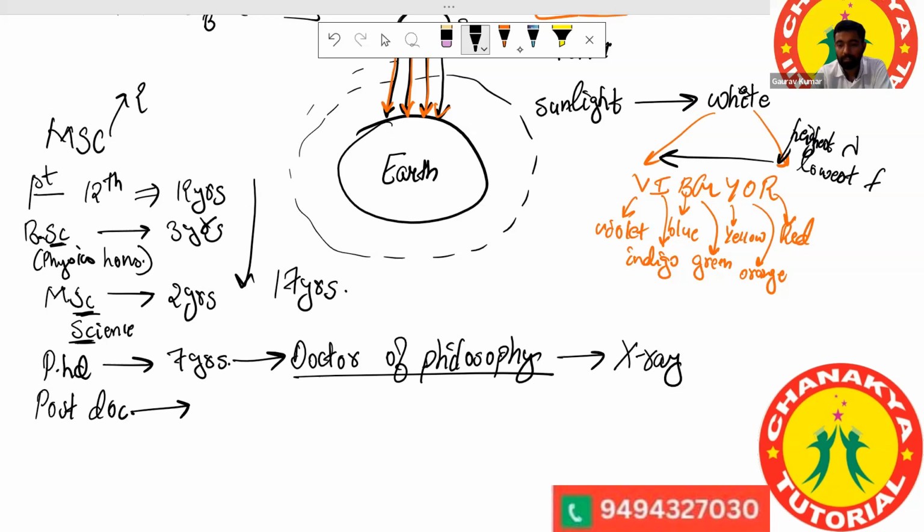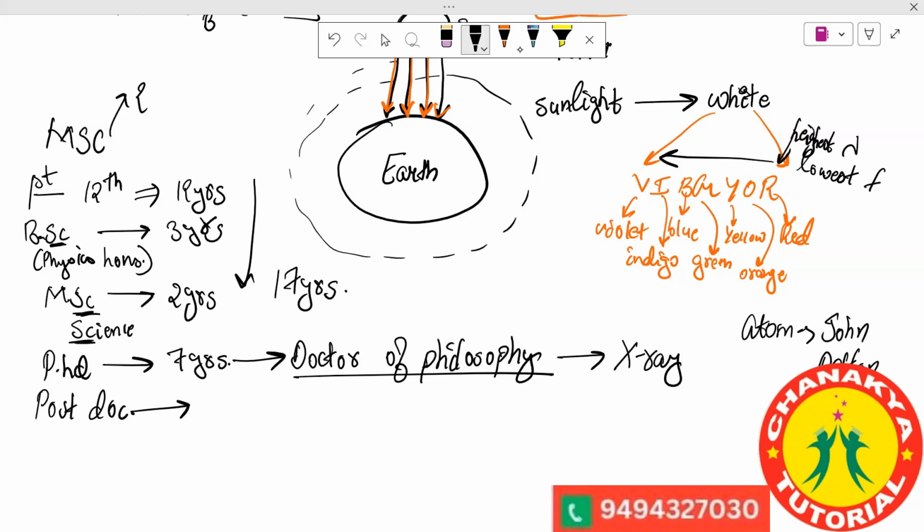So the atom was discovered by John Dalton. Before Dalton discovered this, no one knew what an atom is. But after he discovered it, we got to know what an atom is. Similarly, there is always something which we can research. We get to know about new things.